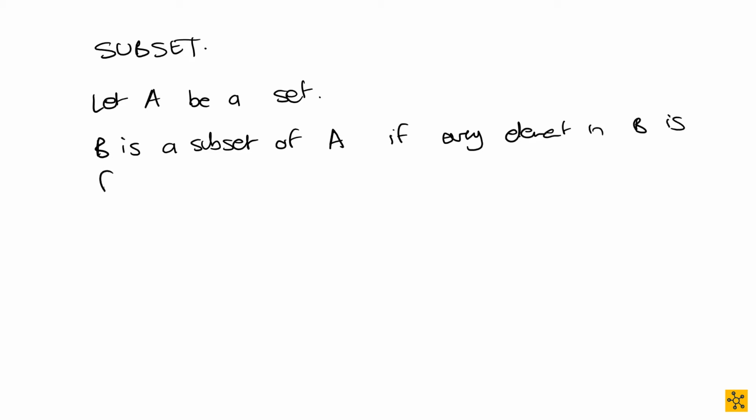And then we can say that B is a subset of A if every element in B is found in A. Okay, so something is a subset if every element of that something is found in the set A. And we write it in mathematical notation as B is a subset of A.